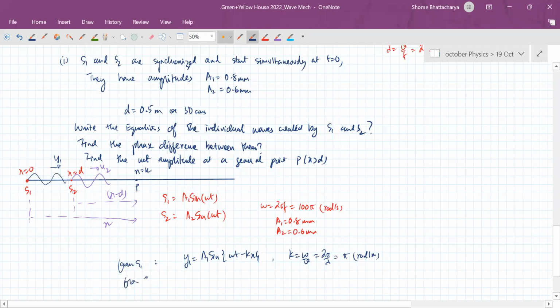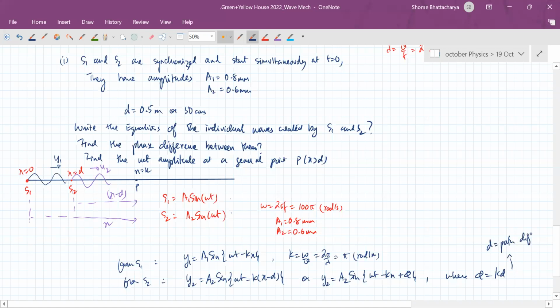Similarly, from S2. The sources are synchronized as you can see, but the waves are not because there is a path difference. Where this phi is actually kd, and here d is the path difference delta x.